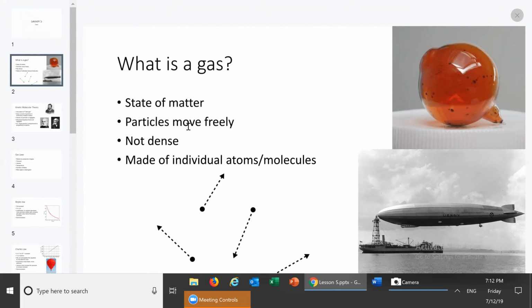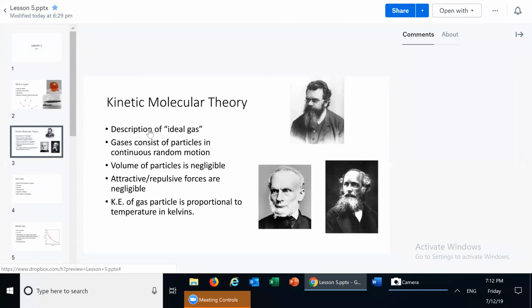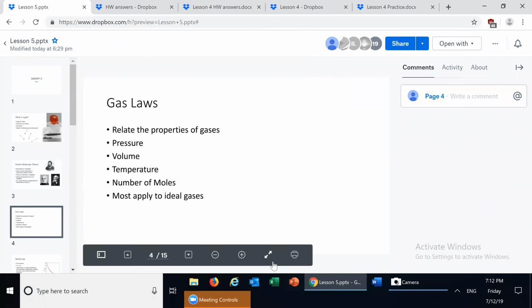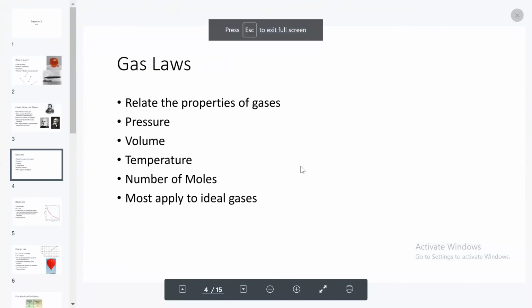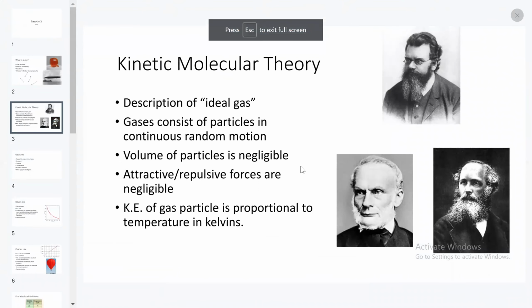Okay, so one thing I want to talk about is kinetic molecular theory. This was formulated back in like the 1800s. So this is Ludwig Boltzmann. We have Maxwell, and I can't remember his name.